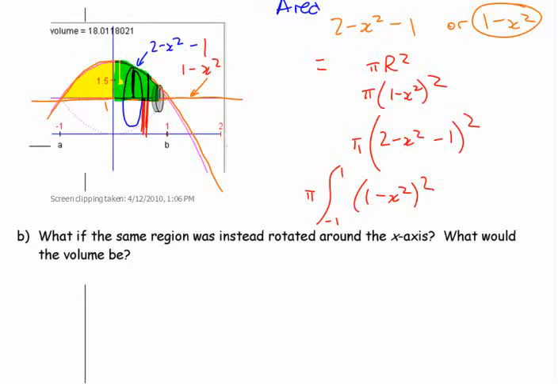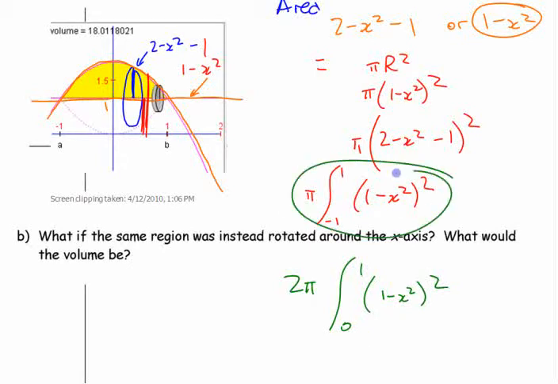That should be the same volume as 2 pi times the integral from 0 to 1 of 1 minus x squared, squared. That should give you the same thing. You don't have to change that if you don't want. If you're using a calculator, it doesn't matter. It's just as simple to do that. It's no different, but you should think about how that's the same.